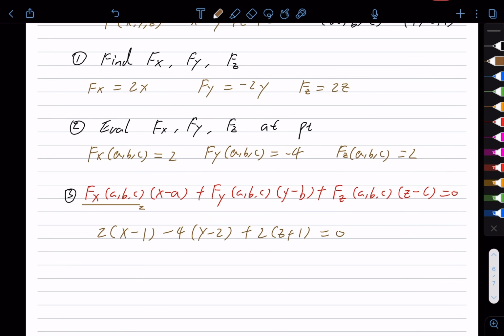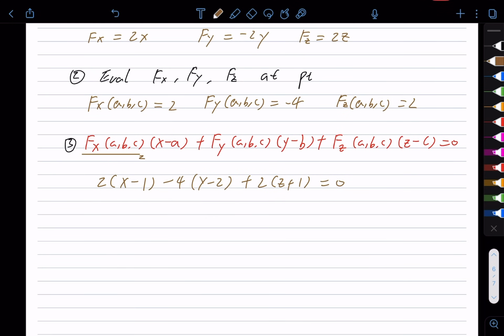Once we separate them, we have 2x minus 4y plus 2z. Moving the constant to the other side, we have negative 4. This gives us x minus 2y plus z equals negative 2.